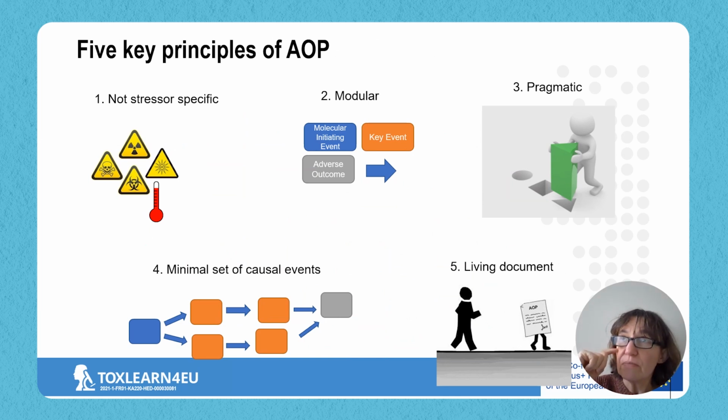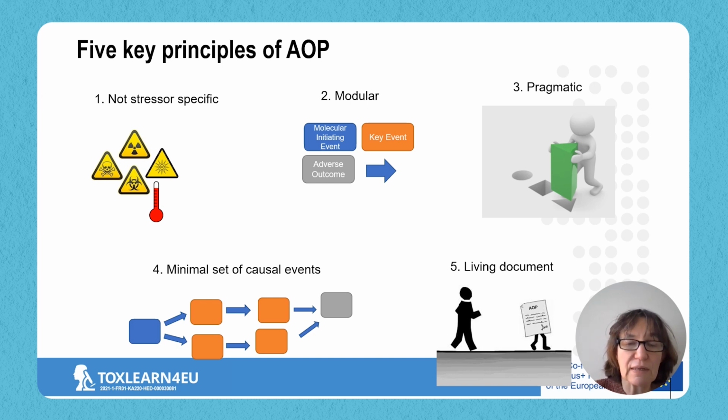The key principles or assumptions of an adverse outcome pathway: in the first place, an adverse outcome pathway is not stressor specific. It's specific to the molecular initiating event, but this molecular initiating event can be triggered by multiple different stressors. The second one, which we already talked about, is that an adverse outcome pathway is always modular.